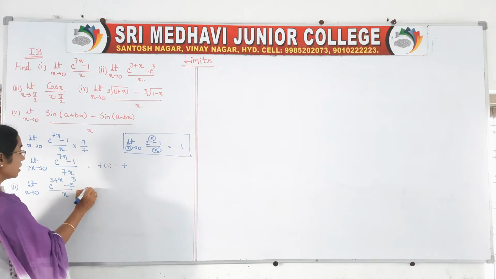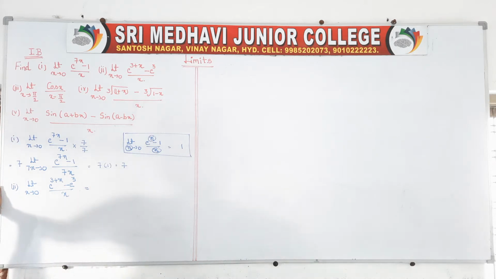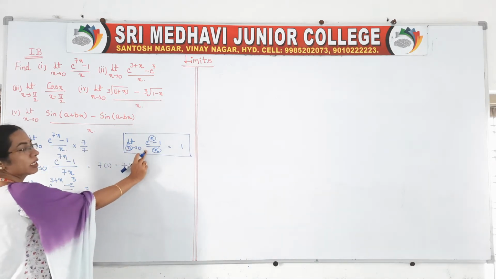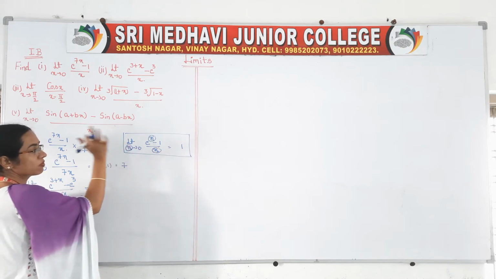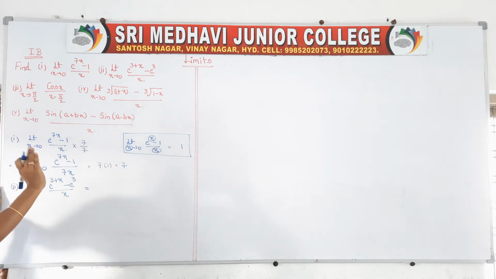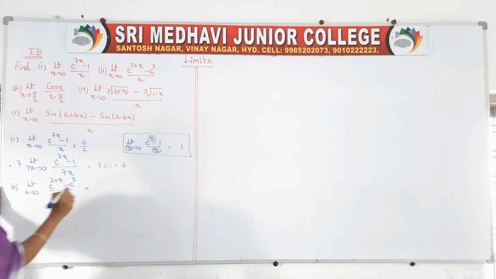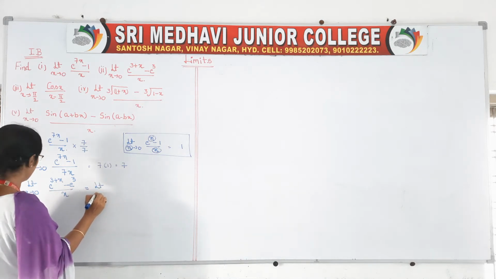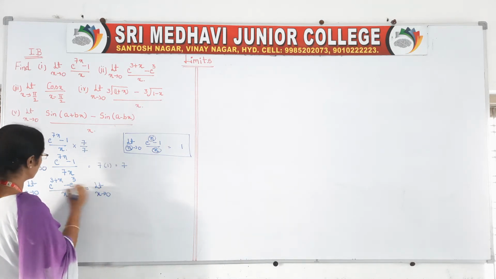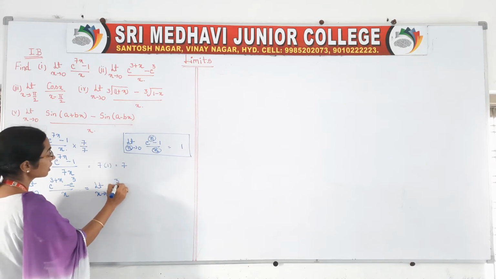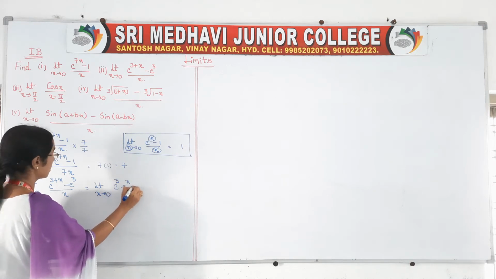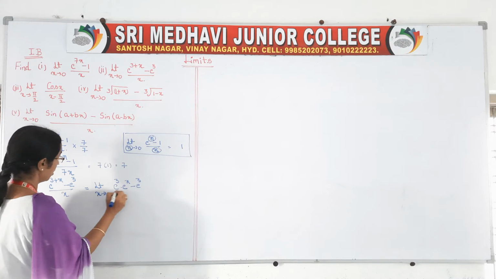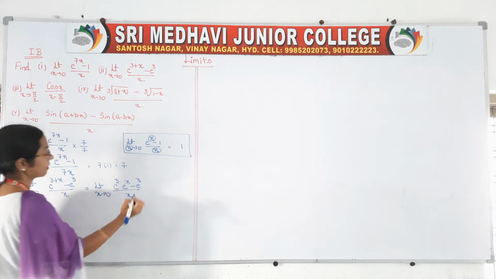Exponential means the standard formula is limit x tends to 0, (e to the power of x minus 1) by x form. So we will write limit x tends to 0, (e to the power of 3 into e to the power of x minus e to the power of 3) by x.